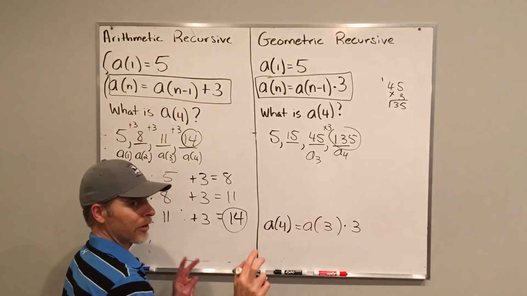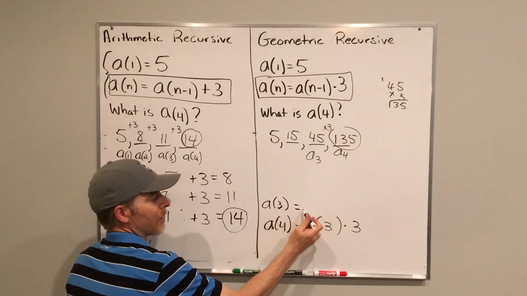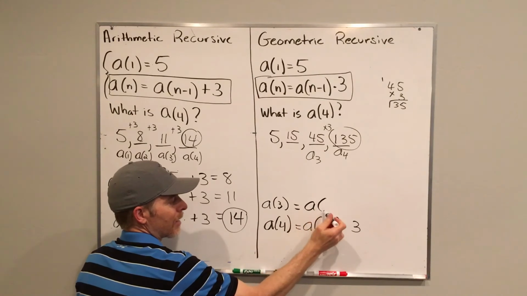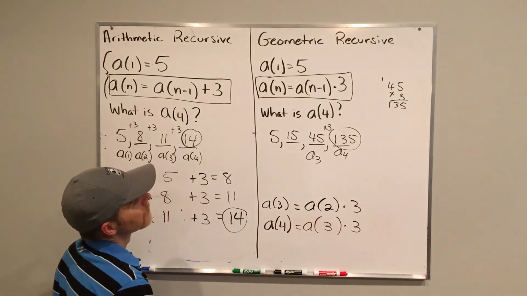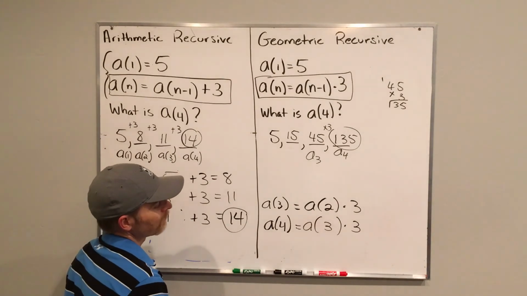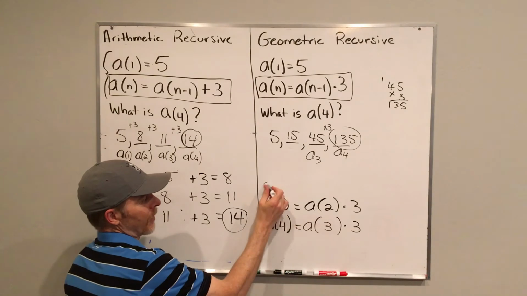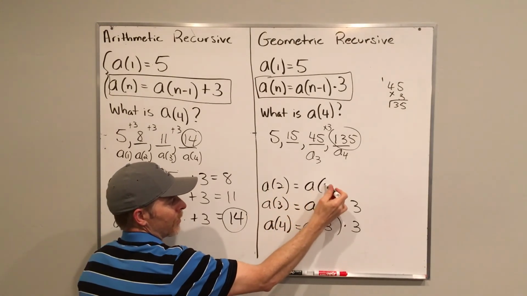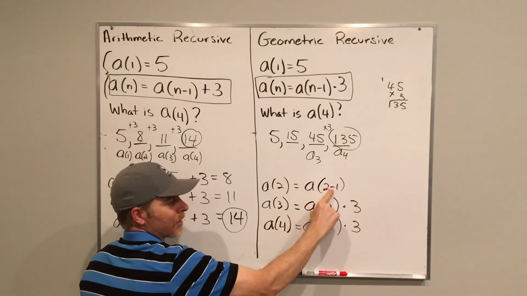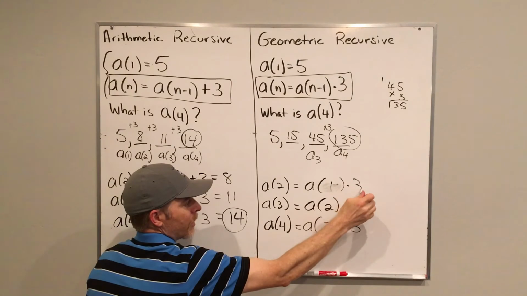Well, I technically don't know what the third term is. So if I want the third term, the formula says take the second term and multiply by 3. All right. Well, I don't know what the second term is technically. So if I want the second term, I do the 2 minus 1, which is really just 1, times 3.